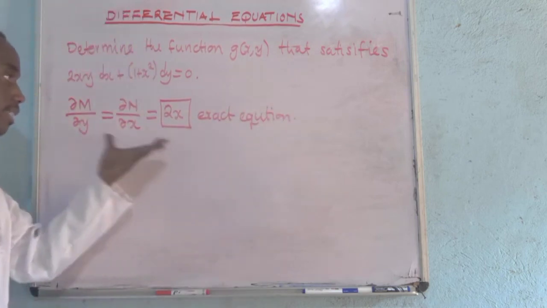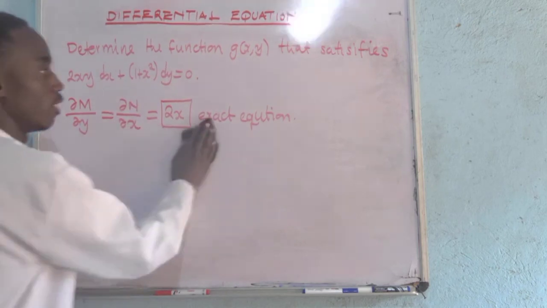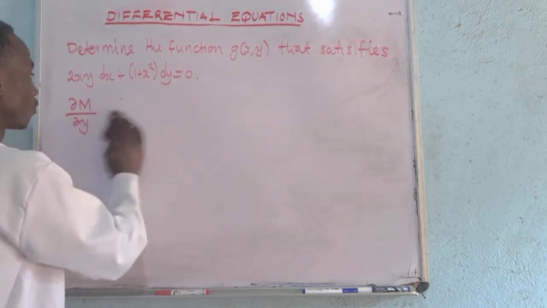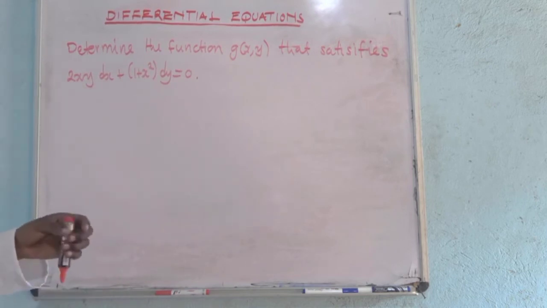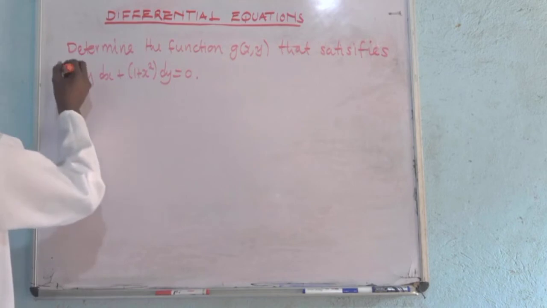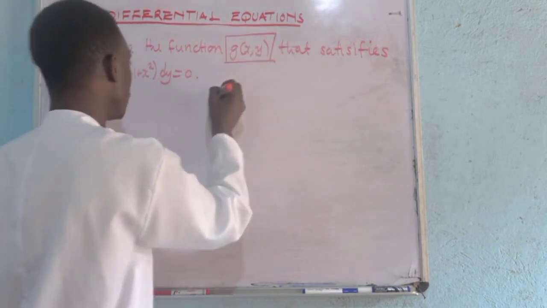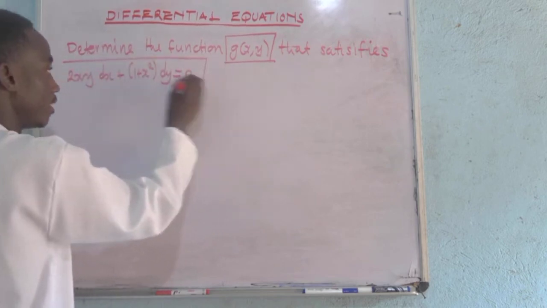Okay, fine. Now since we've checked to say the equation is exact, we are then going to solve, or to determine, the function g of x, y that satisfies this. So what you have here, g of x, y, will then be a solution to this equation.